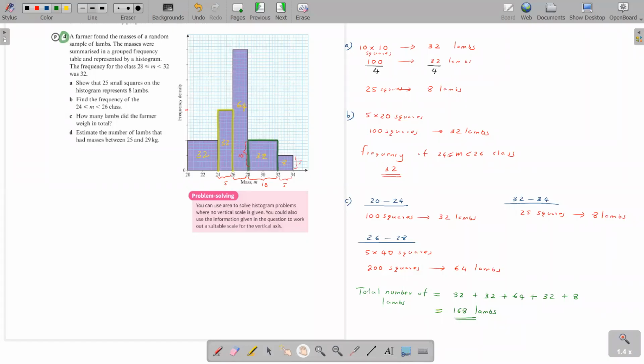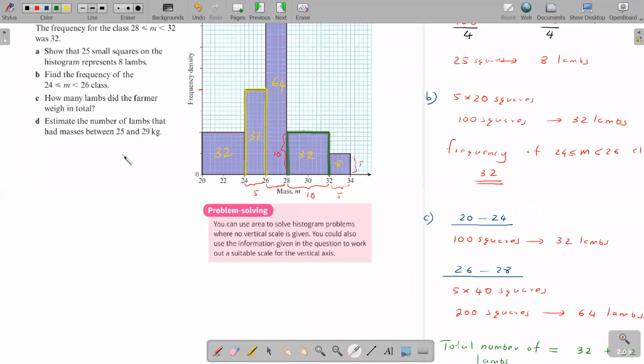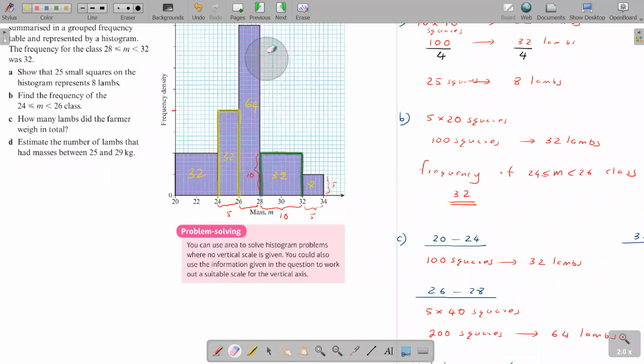Okay, so we'll move to part D. They say, estimate the number of lambs that had masses between 25 and 29 kilograms. Okay, so they're asking you to find the number of lambs with a weight between 25 and 29. So how do we do this? I will erase all of these markings and actually mark what we require.